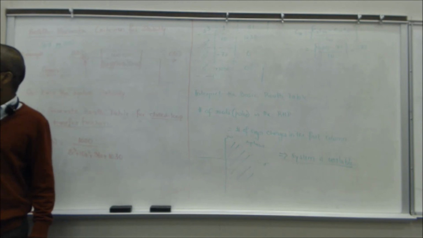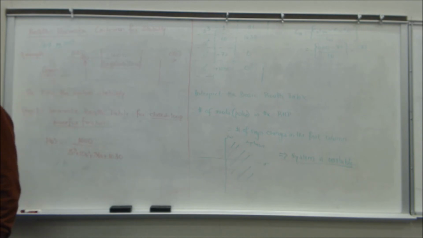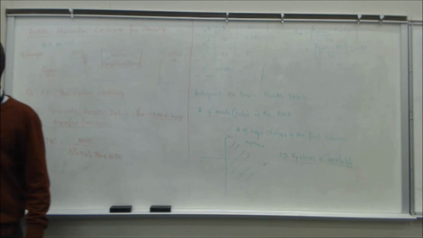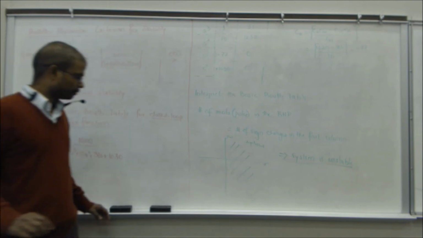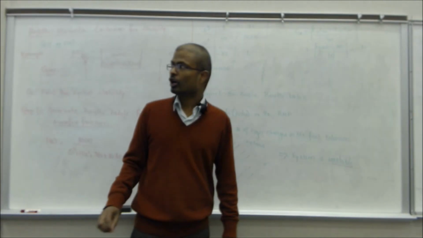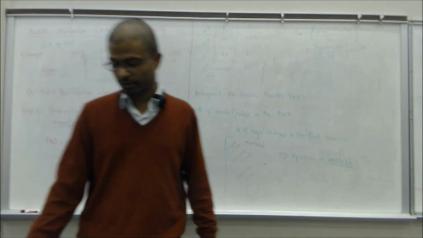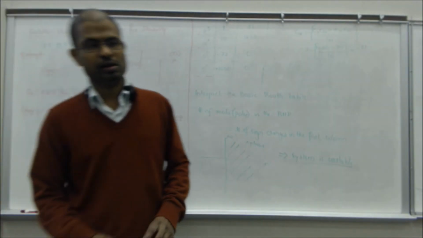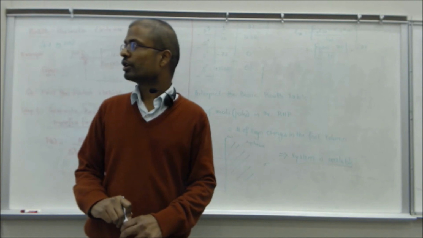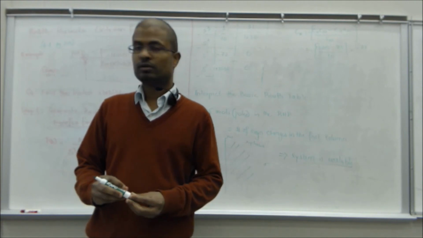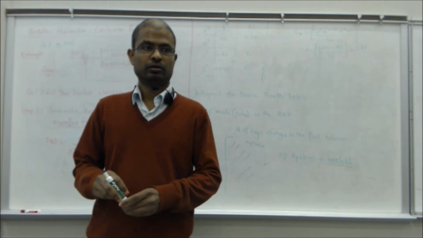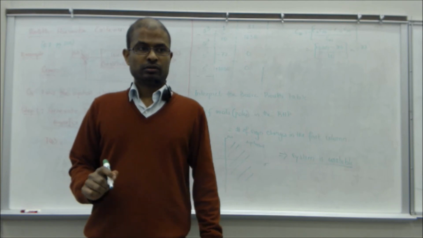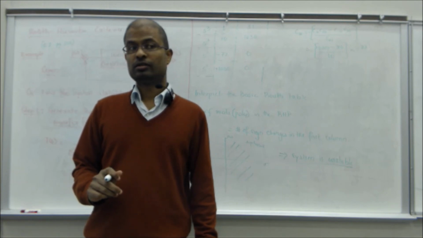Is this visible? Better? So are the roots visible? If you look at where the roots are, how many roots are in the right half plane? Which are the roots in the right half plane?